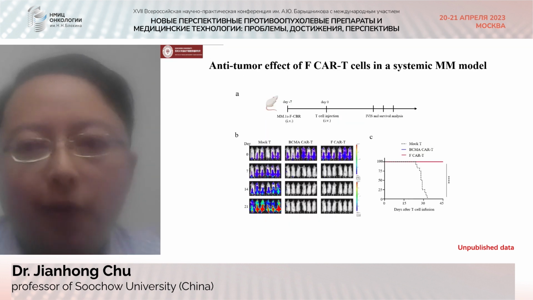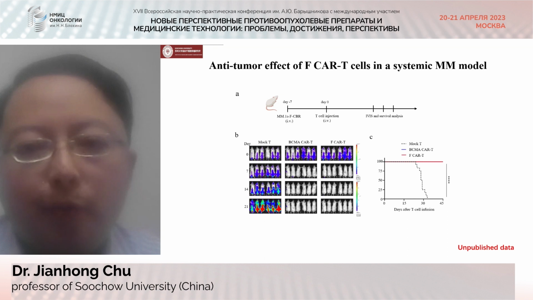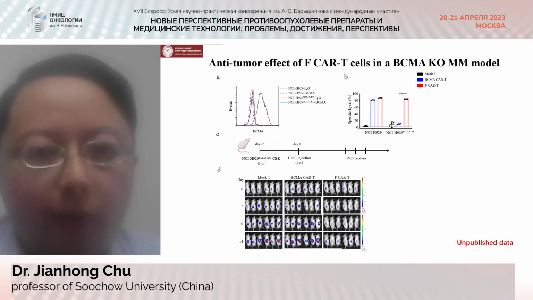Then we tested in a systemic multiple myeloma mouse model, and we found that the F-CAR T cells can induce tumor remission in this model, and their efficacy is comparable to that of the BCMA CAR T cells.